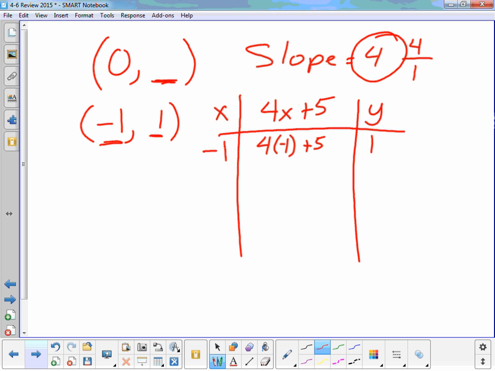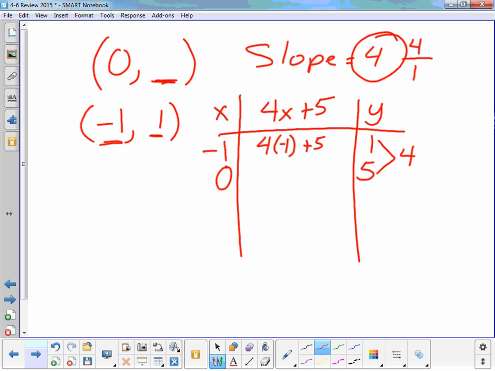Now, another thing that we know, and once again, this value is 0, but one thing that we know for sure is that when we're repeatedly adding by or multiplying by 4, our output values will just be one more group of 4. So that would be 1 plus 4. I bet you anything I get 5.